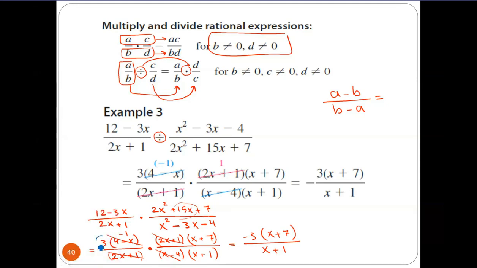We have only negative 3 times x plus 7 over x plus 1. This is the final result. Okay.